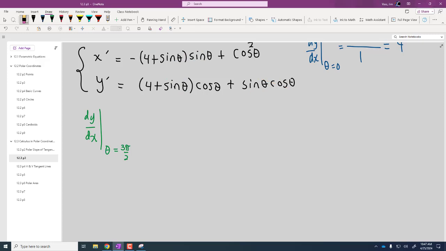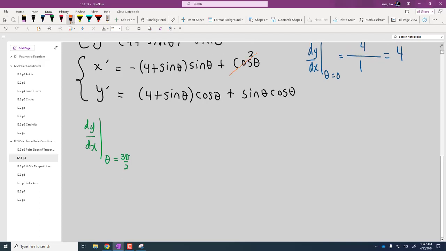Let's see if we can figure it out. So at 3 pi over 2, cosine of 3 pi over 2 is 0. So this would be 0, all that would be 0, and all this would be 0. If cosine of 3 pi over 2 is 0, all that stuff goes away.